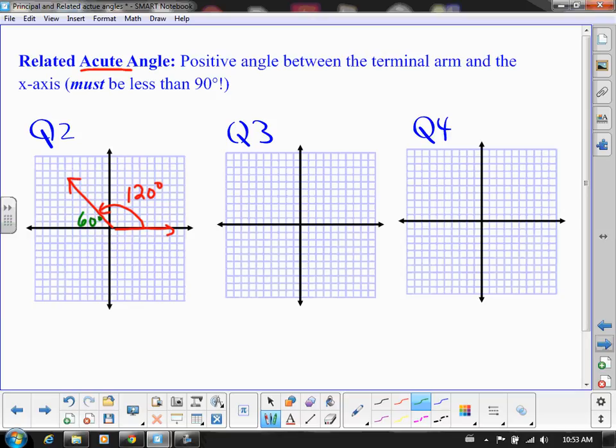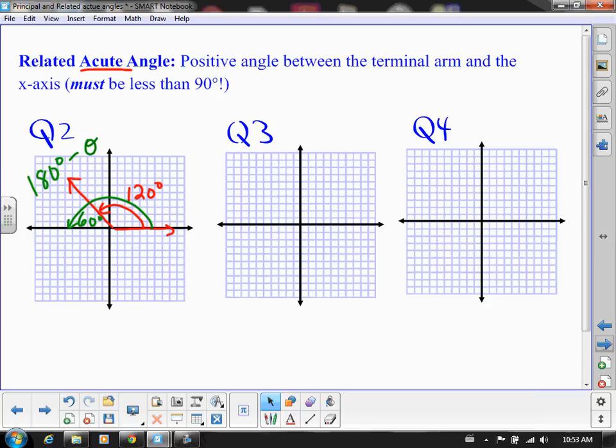Well, I know if I had gone the full rotation, I would have gone 180 degrees. But because I'm stopping at that value, I'm 60 degrees away from it. So in quadrant 2, it's going to be 180 minus whatever your angle is. That will always tell you what your related acute angle is going to be, because you haven't quite gone that 180, you're a little bit shy of it.